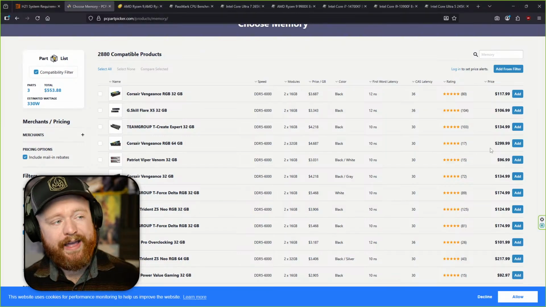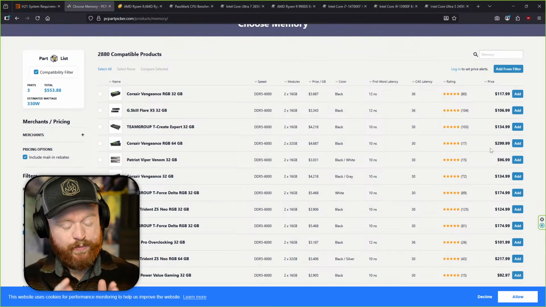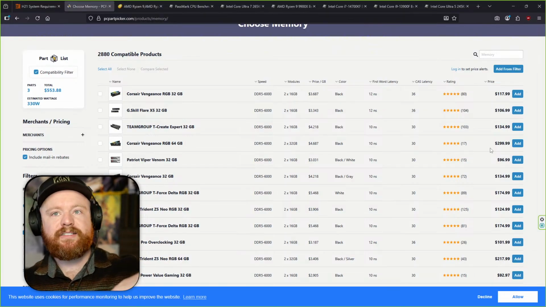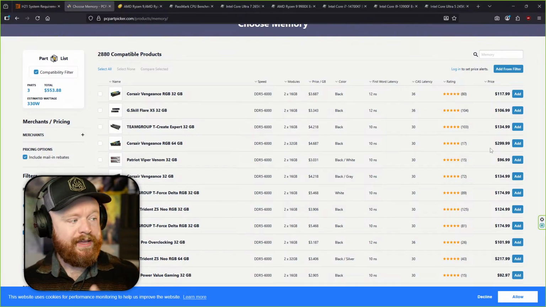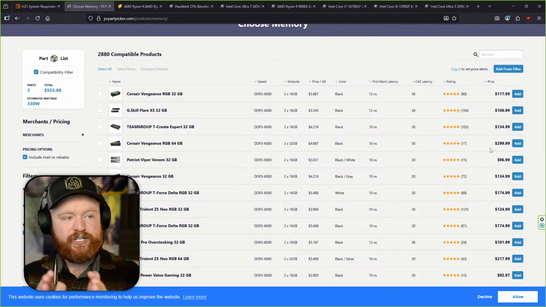The reason why is because when you have sticks of memory, the read and write speeds, so how fast stuff goes on the memory and how fast stuff goes off the memory, is tuned in by the manufacturer for each individual stick.